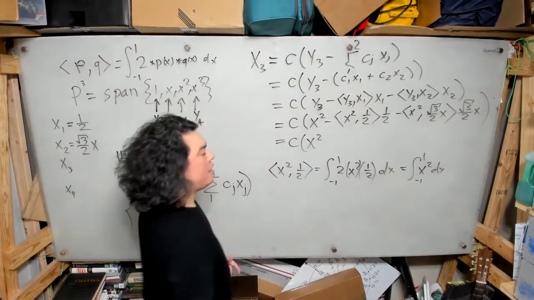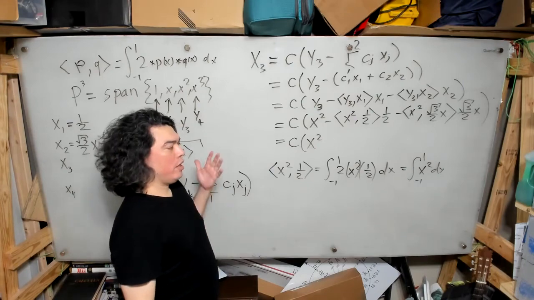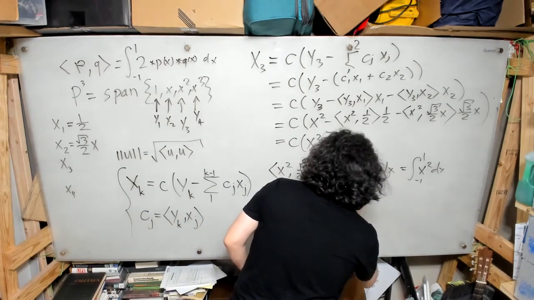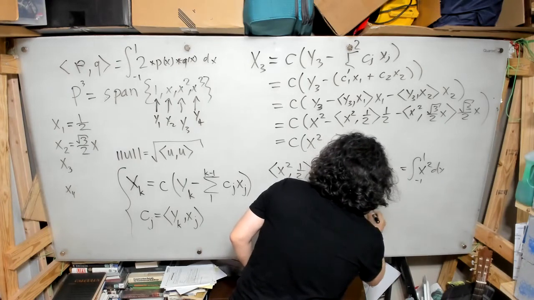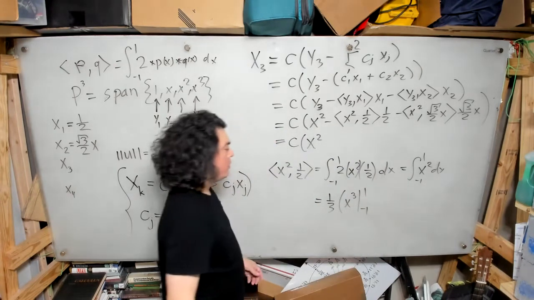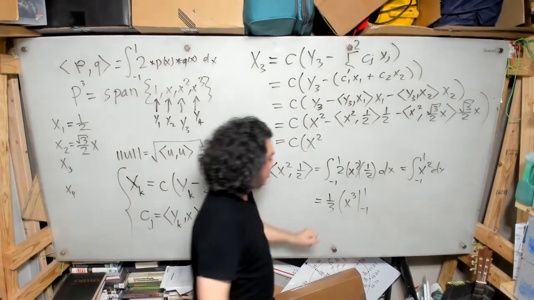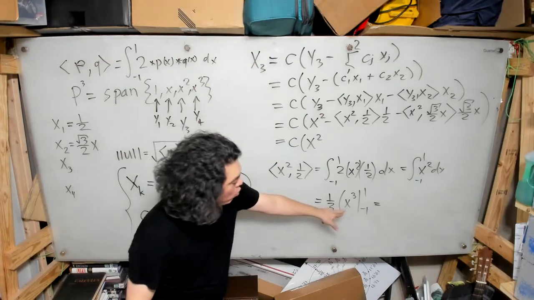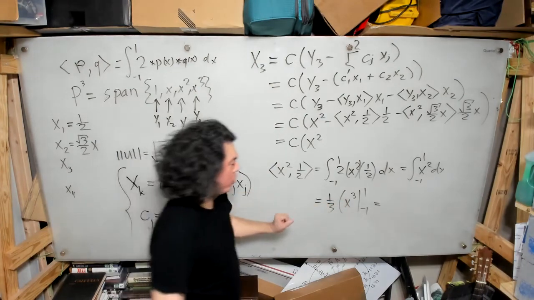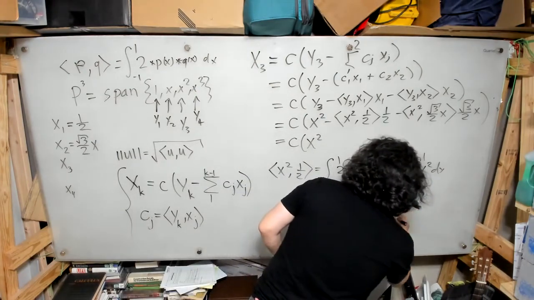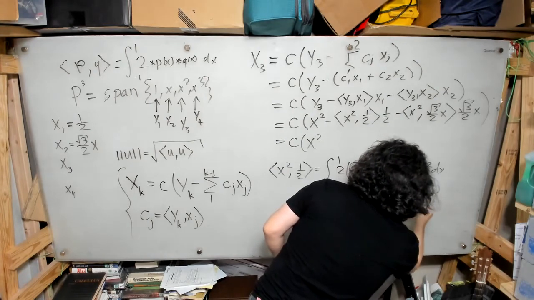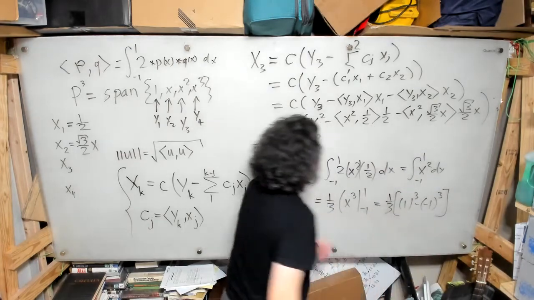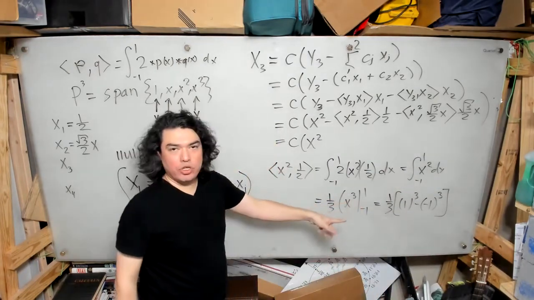And then I can integrate that. I get 1/3 x cubed, right? So it's 1/3 and then x cubed from -1 to 1. Here I can plug in. So it'll be 1 cubed minus -1 cubed. Of course, the -1 cubed will be -1.